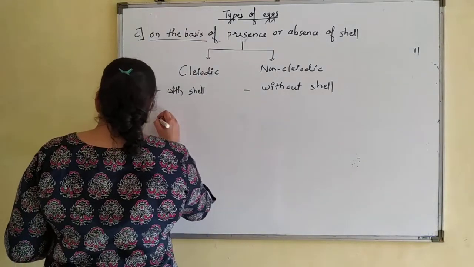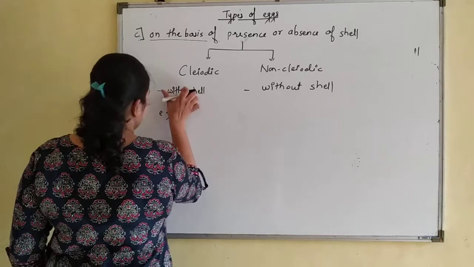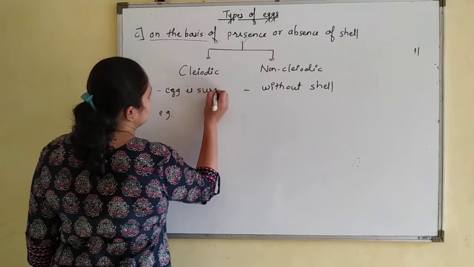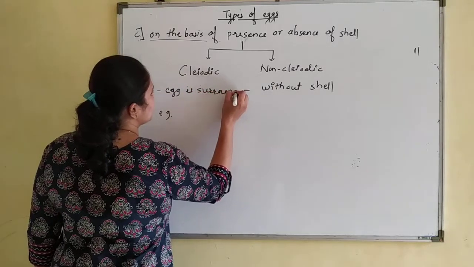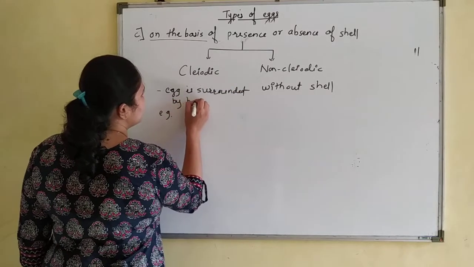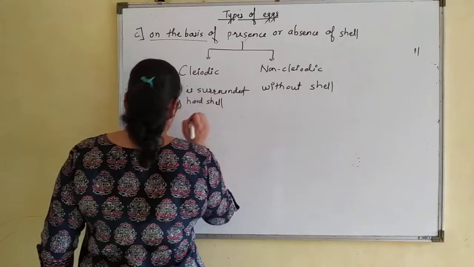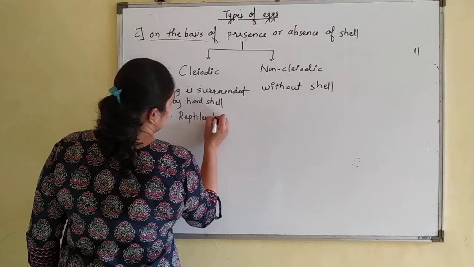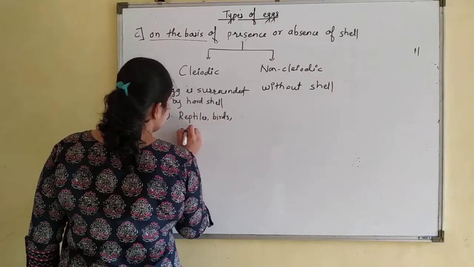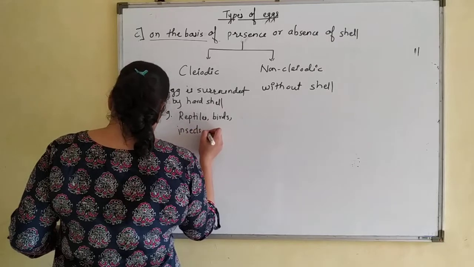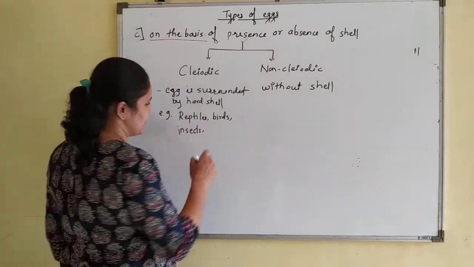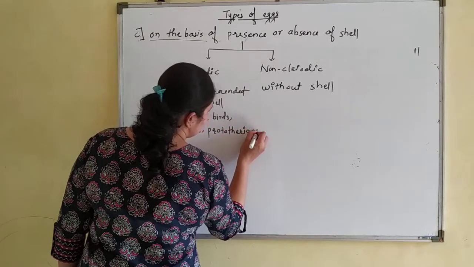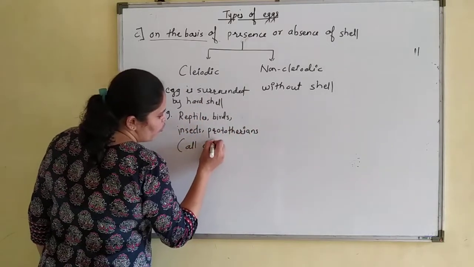With shell, many examples you can mention. The egg is surrounded by a hard shell. Examples: reptiles, birds, insects, and all oviparous animals. Prototherians also. In short, all oviparous.